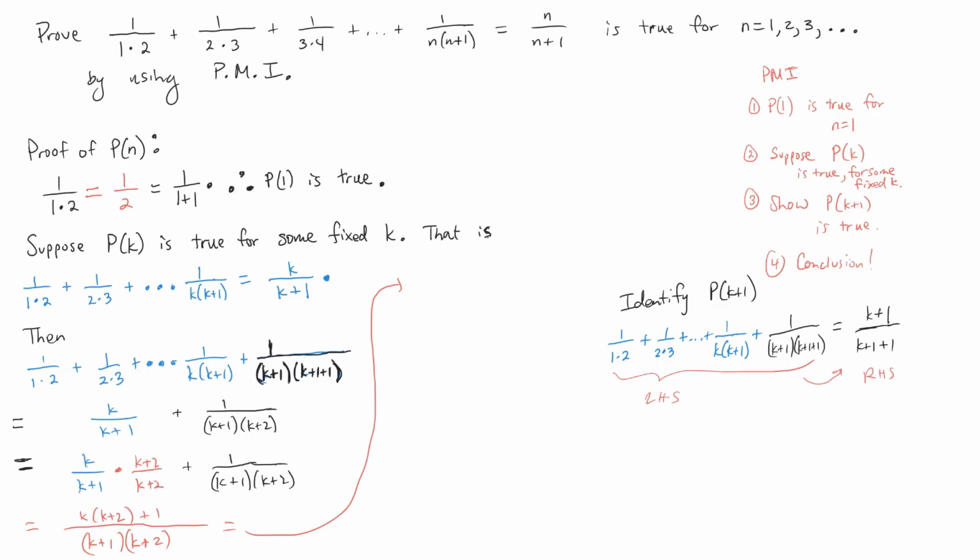We have, this is equal to k squared plus 2k plus 1 over k plus 1 times k plus 2. And you're going to react to this, obviously. Notice you have a common factor now. And it gets a little bit easier as you're just writing all the algebra that you know.